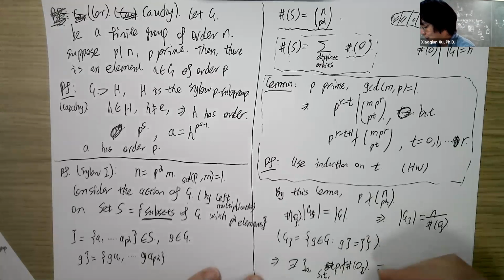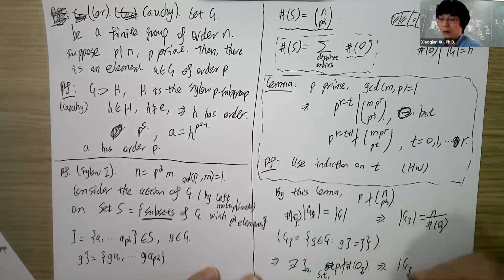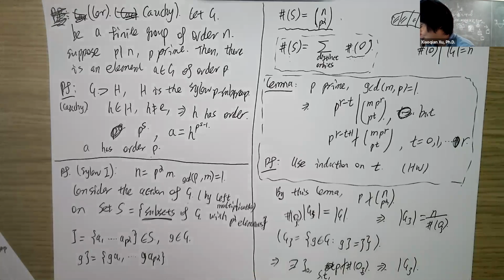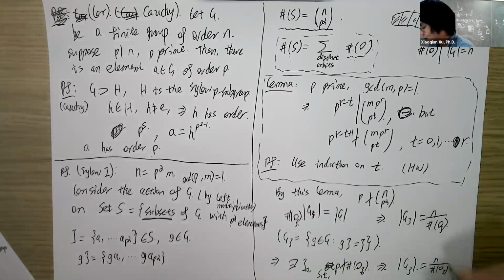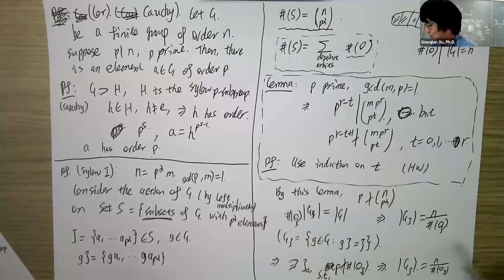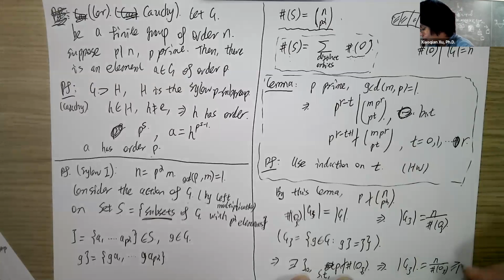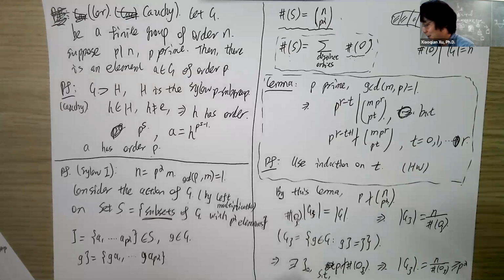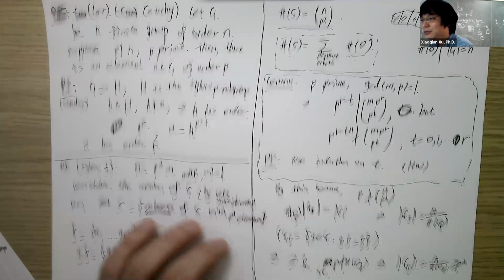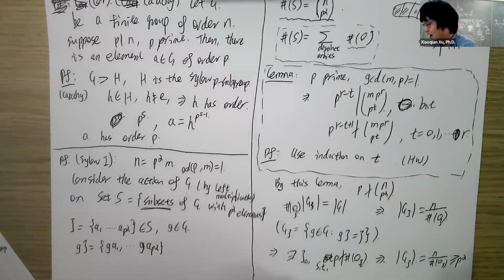So that means the total value of GC is equal to n divided by this number. You divide by something that is not a divisor of P, so you don't hurt this P to the alpha. It should be P to the alpha times something, so it must be greater or equal to P to the alpha.